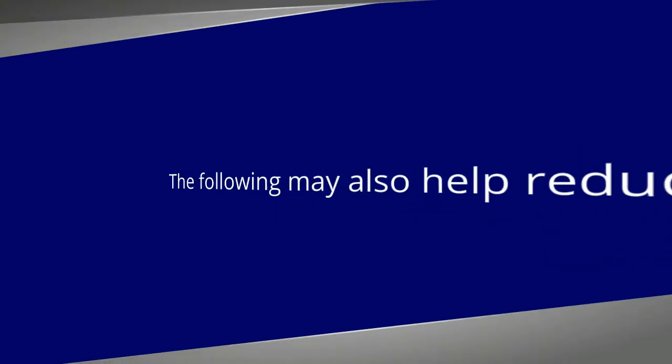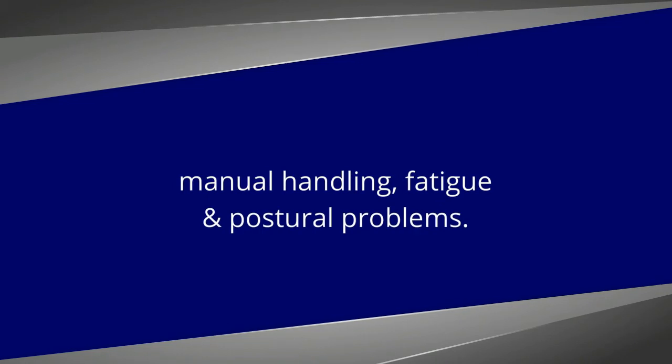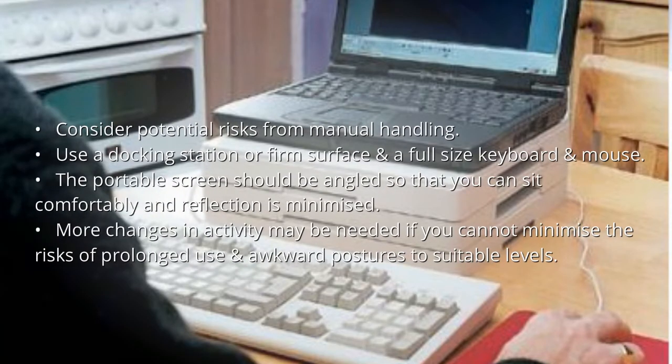Portable computers. These same controls will also reduce the DSE risks associated with using portable computers. However, the following may also help reduce manual handling, fatigue and postural problems. Consider potential risks from manual handling if you have to carry heavy equipment or papers. Whenever possible, use a docking station or firm surface and a full-size keyboard and mouse.